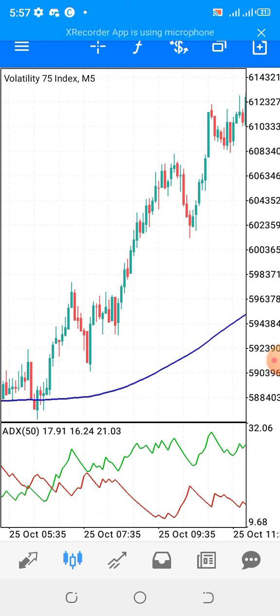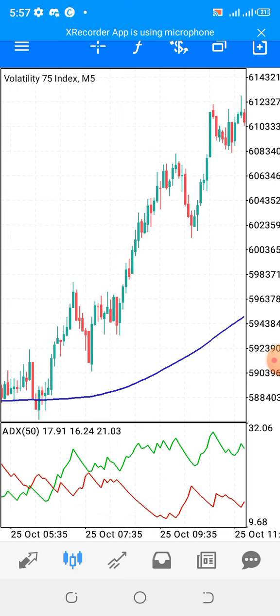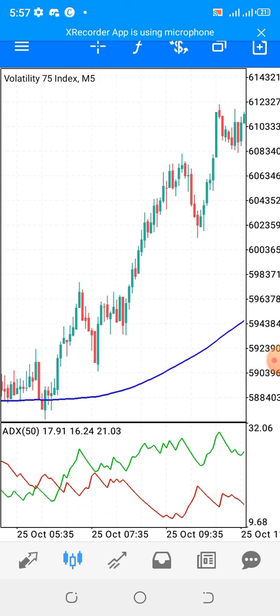ADS is what helps you to make your entries. The crossing inside of ADS is where you make your entries. What the moving average helps you do is identify the direction of the market, while ADS helps you to make your entries. Do you understand? Now let me show you what I mean.